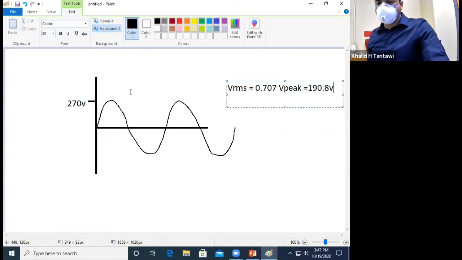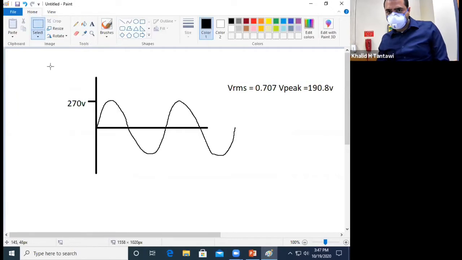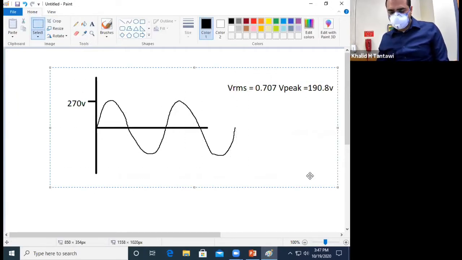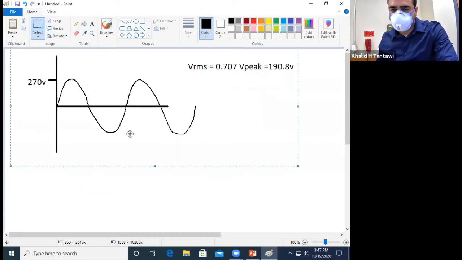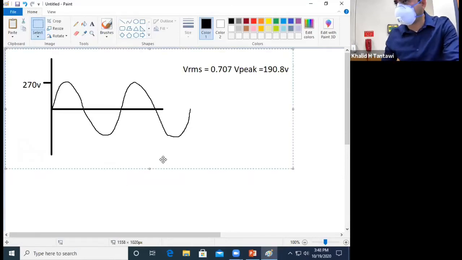What if we have another example. But of course, at the end, after we do the calculation, we end up with 1 divided by the square root of 2, which is 0.707.